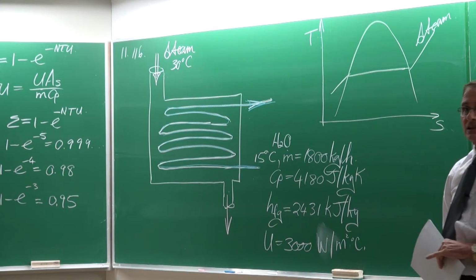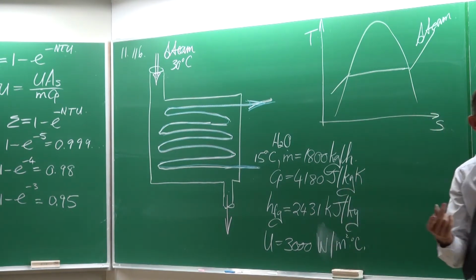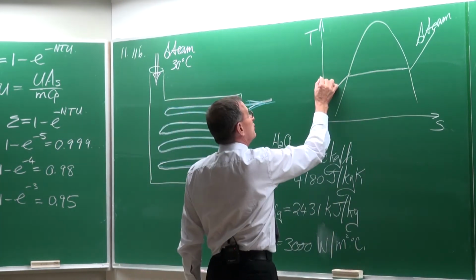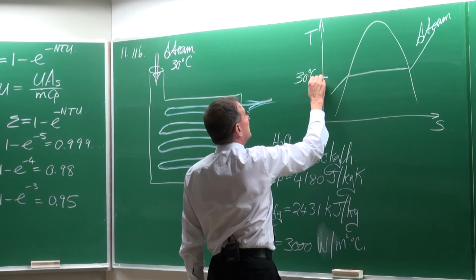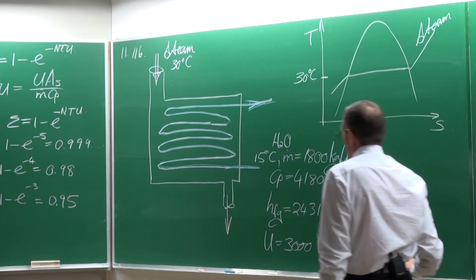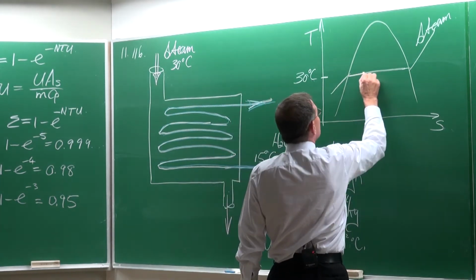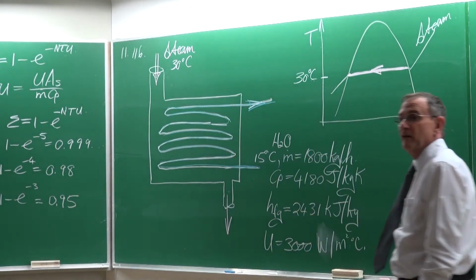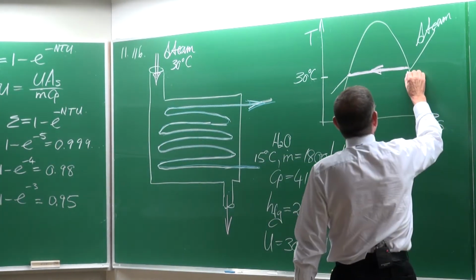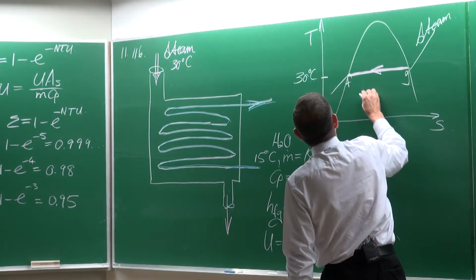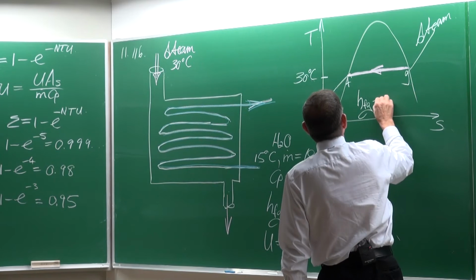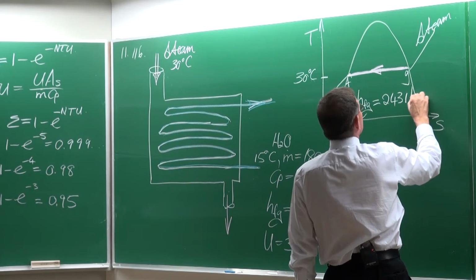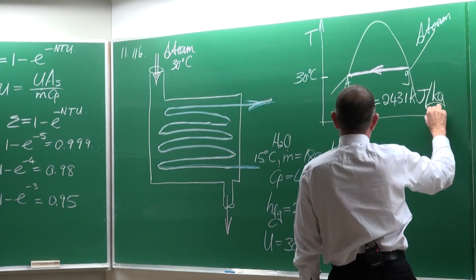And take note, this is now an important thing. If they tell us it is condensing at 30 degrees Celsius, the condensing temperature is that temperature there. Condensation would mean we've got a phase change from a gas to a fluid. So that HFG is equal to 2431 kilojoules per kilogram.